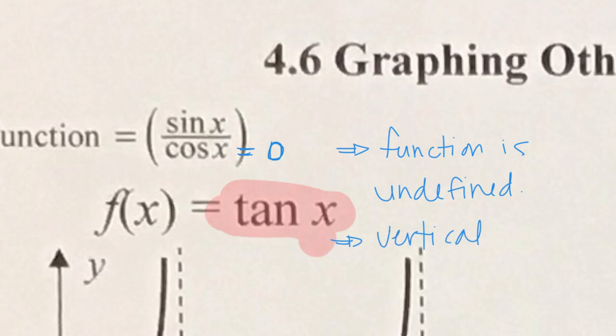So all of our graphs of these other trig functions have undefined values. Okay, everywhere the cosine is 0, the tangent function will have an undefined value because something divided by 0 is undefined.